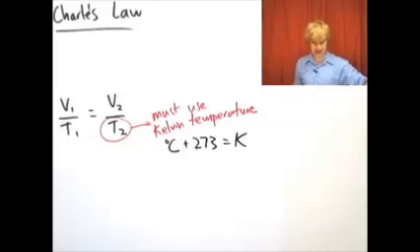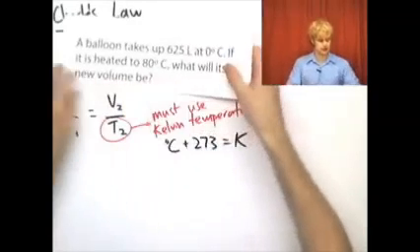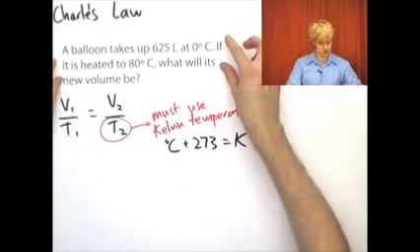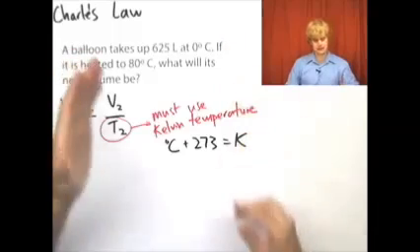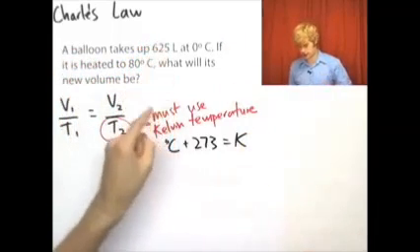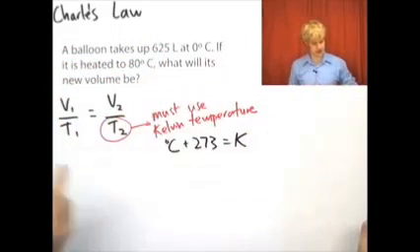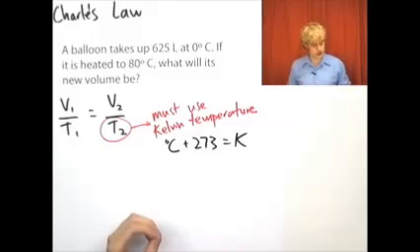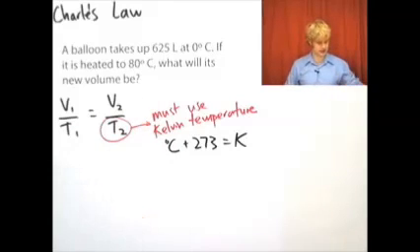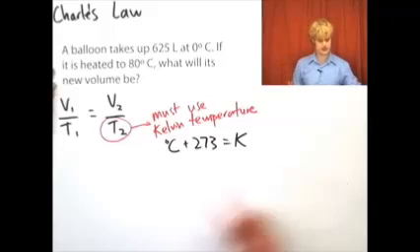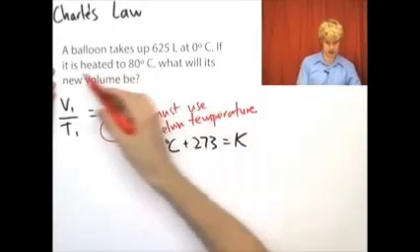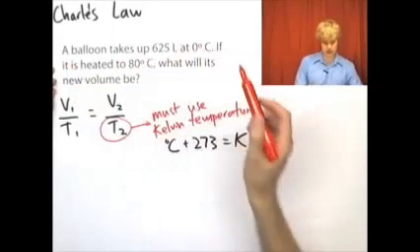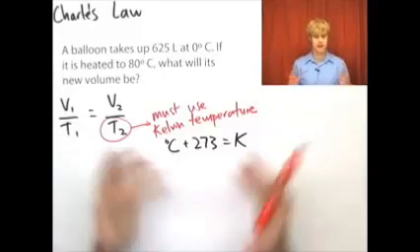Keeping that in mind, let's go ahead and take a look at this problem. We say that a balloon takes up 625 liters at 0 degrees Celsius. If it's heated to 80 degrees Celsius, what will its new volume be? There are a couple steps that we have to take. Let's figure out which of these variables we're going to be solving for, first of all. There's a change. We change this gas by heating it up.